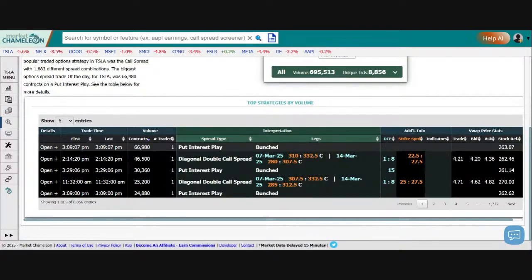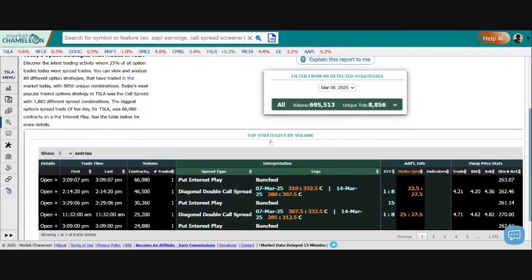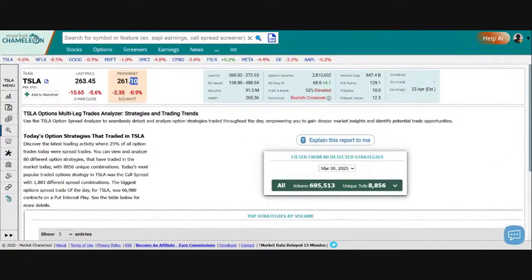And this is typical of more professional trades, market makers, maybe specialists that take advantage of options that are early exercise candidates.